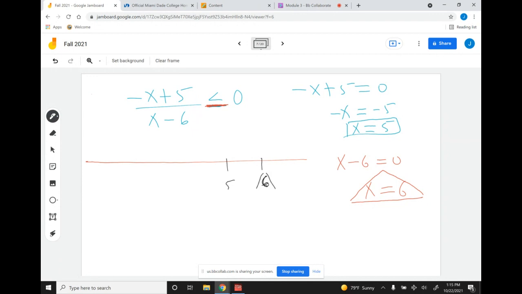This one here, I'm going to put it in a little triangle. That means danger, do not include it. And I'm going to use test points. I'm going to use 7, I'm going to use 0, and I'm going to use 5.5.